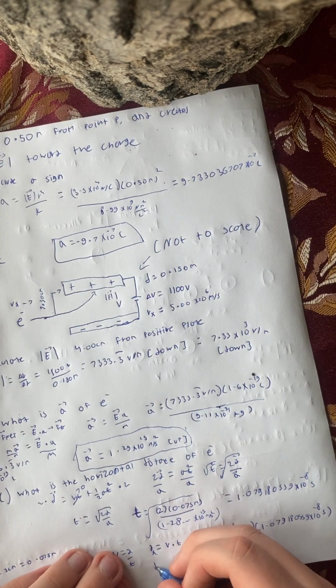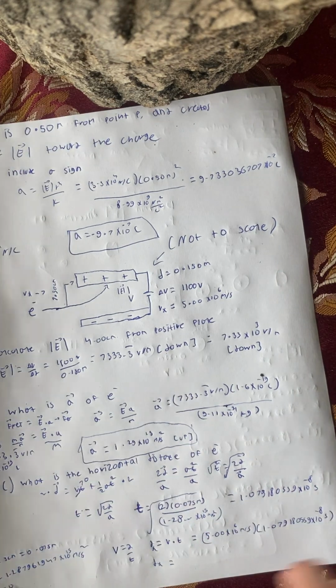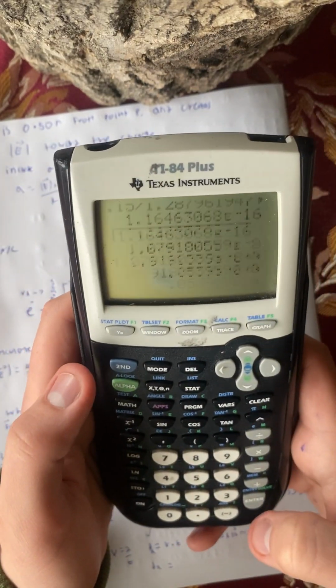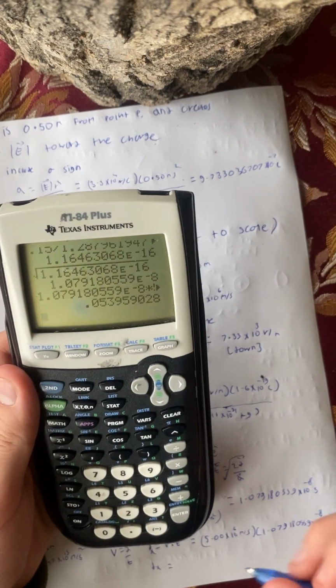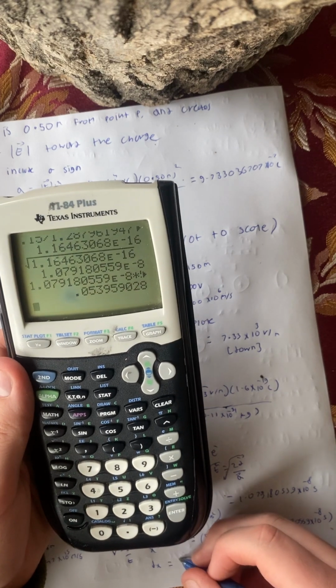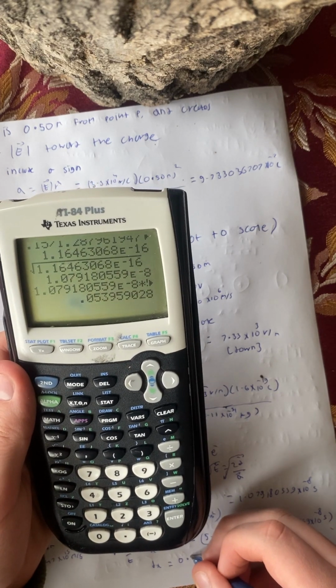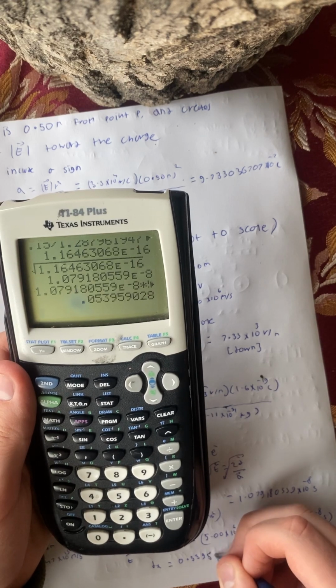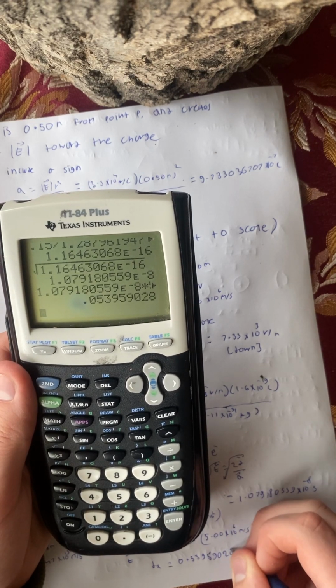And so our dx comes out to be, when we put this in our calculator, we have our time here, just times by 5 times 10 to the 6. The horizontal distance is 0.53959028 meters.